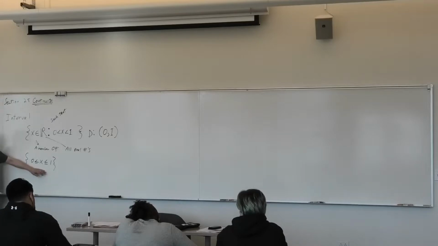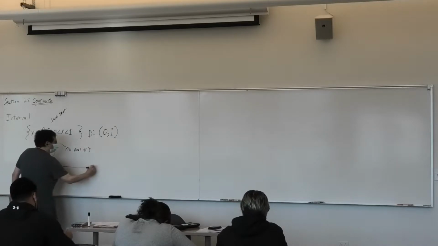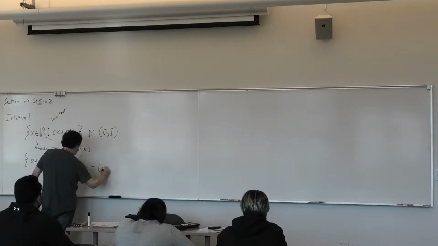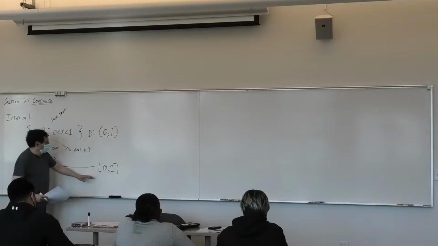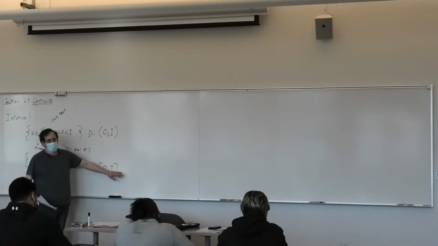You would just assume I'm talking about real numbers because this is a calculus class and we really don't deal with complex numbers or other kinds of numbers here. The shortcut for this is instead of using parentheses, we use square brackets. So this is now what we call the closed interval, 0 to 1.